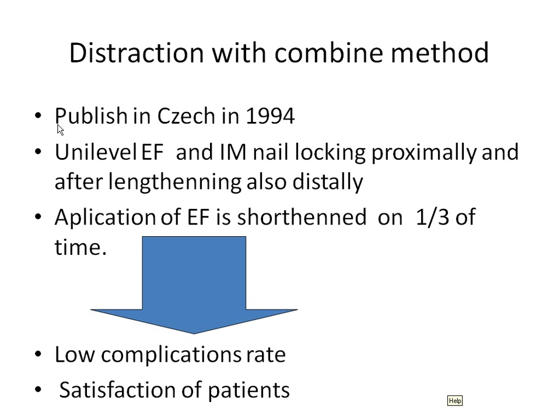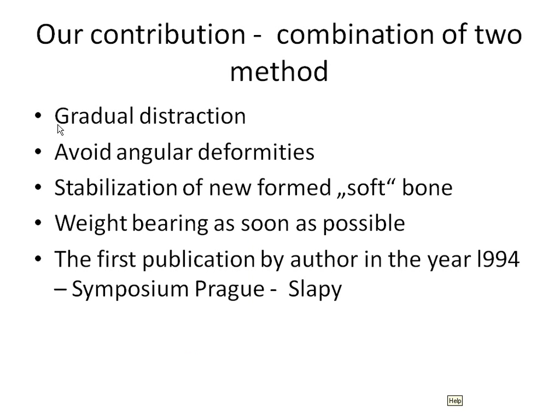We published it first in Czech in 1994, and this method shortens the application of external fixation to one third of the time and brings a low complication rate and higher satisfaction of the patient. This method avoids angular deformity, stabilizes the new formation, so-called soft bone, and allows weight bearing as soon as possible.